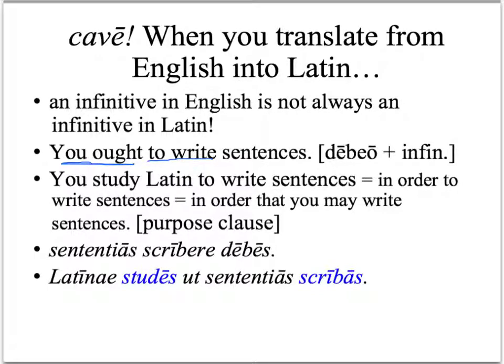But "you study Latin to write sentences" really means you study Latin in order to write sentences, or in order that you may write sentences. And that would be a purpose clause in Latin. Sententias scribere debes, you ought to write sentences. Latine studes ut sententias scribas.